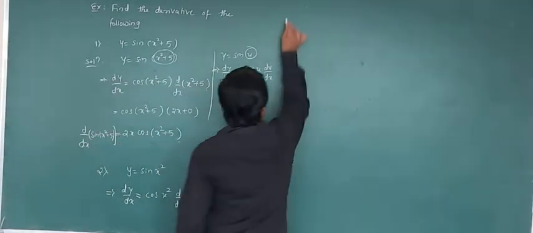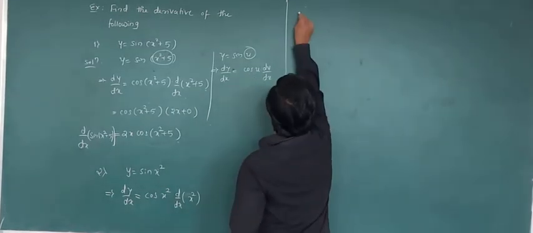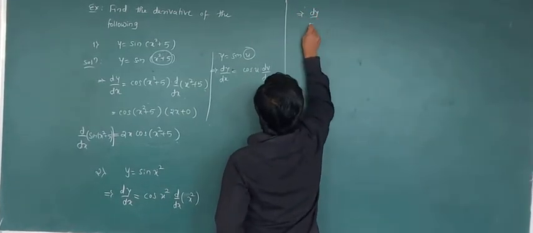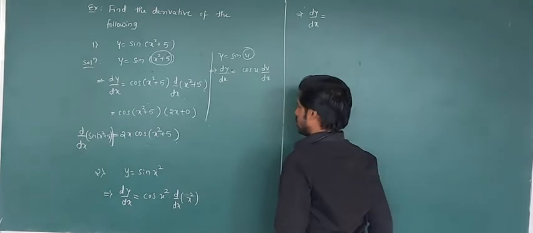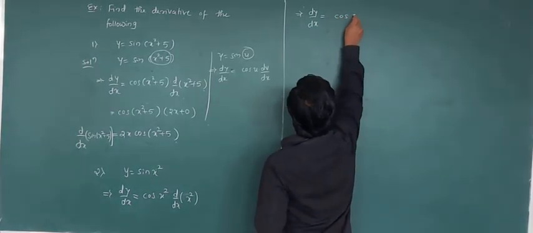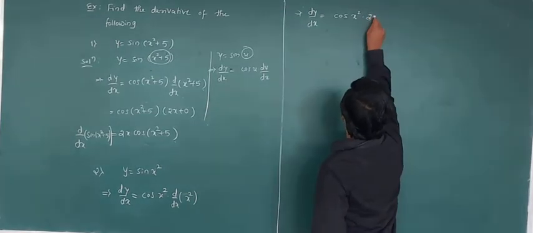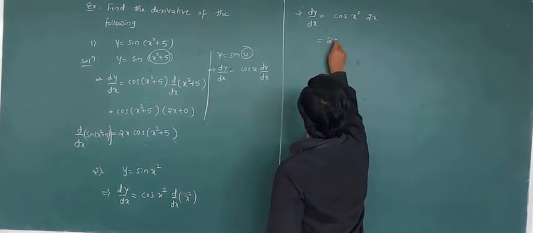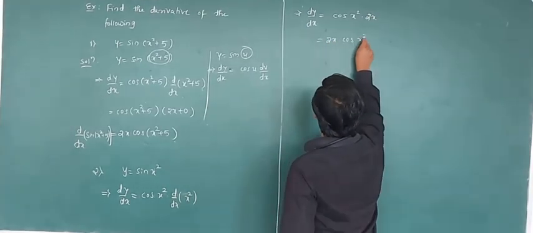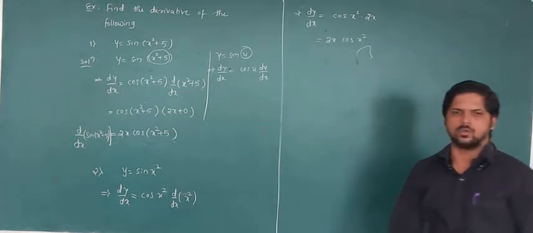After simplifying, we get dy by dx is equal to cos x square into x square differentiation, which is 2x, that is 2x into cos of x square is the solution.